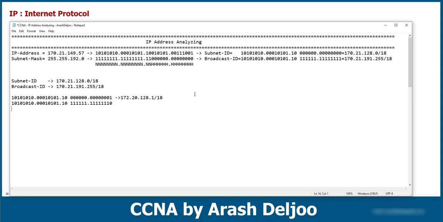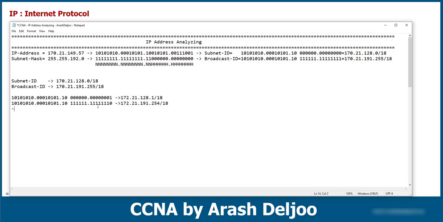This is the last usable IP in this subnet: 172, again 21, and after that we have, look here, 191.254/18. Here we can see the subnet ID, here we can see the broadcast ID, and this is the usable range of IP addresses in this subnet.